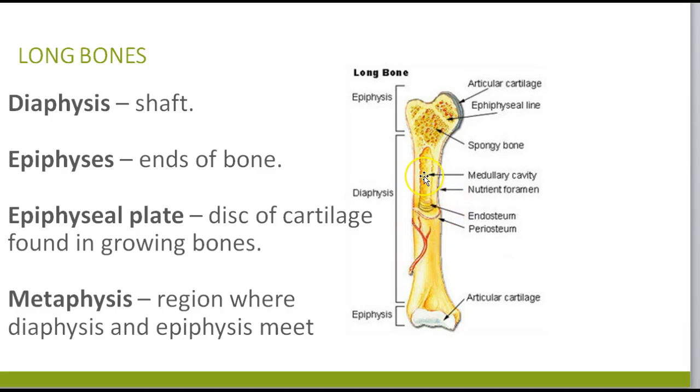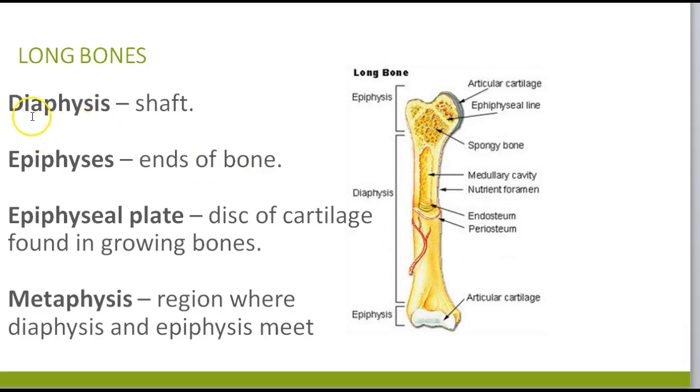And this is called our nutrient foramen. In here, we've got our endosteum and periosteum. The endosteum is in the middle, and the periosteum is around the outside of the medullary cavity.